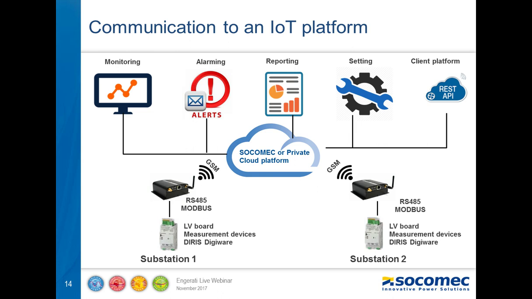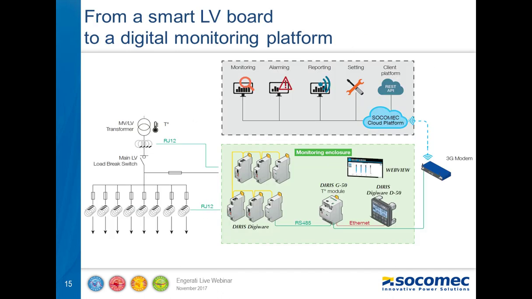And this is really a trend that we see today, to develop such solutions for the low voltage grids. And now all the data are coming from a smart low voltage board in any substation to a digital monitoring platform through the monitoring and the cloud solution.